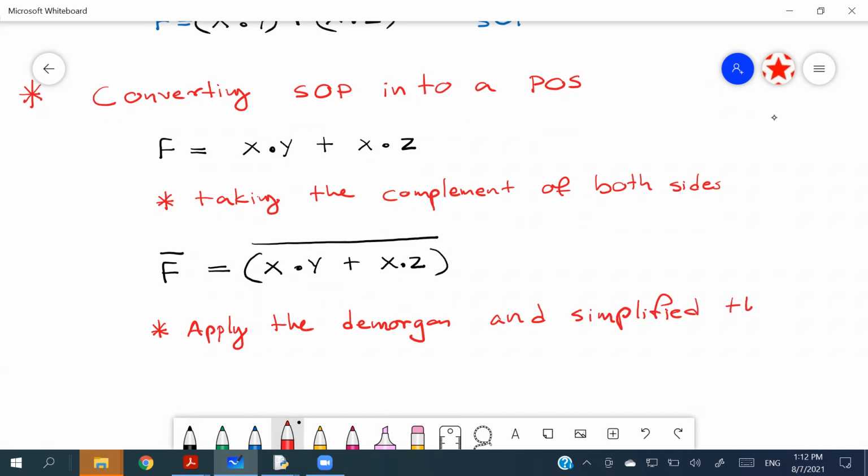Simplify the answer by maintaining SOP form. SOP form in it.